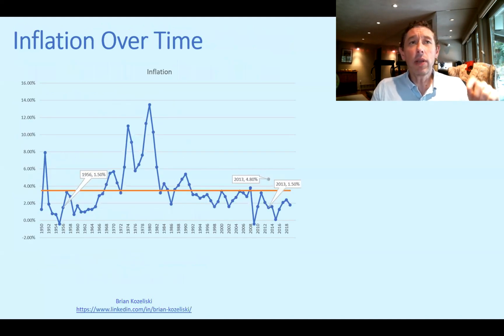So now if we look at inflation over time, we're going to go back to this 2013 number. Now, some people have calculated what the effects of these changes are. So if we look at 2013, we had an inflation rate of 1.5%. Now, if we revert back to the pre-1990s changes, and make the same calculations, we're seeing the inflation was actually 4.8% back in 2013, which now is an above average inflationary point.